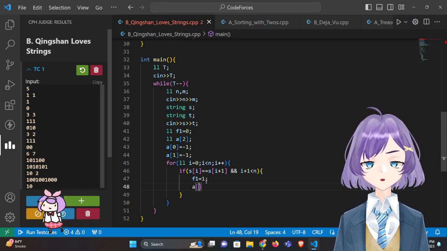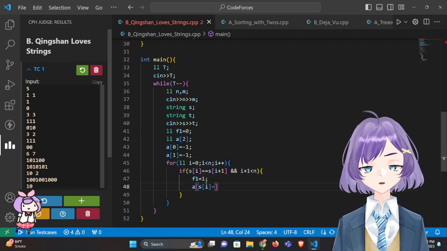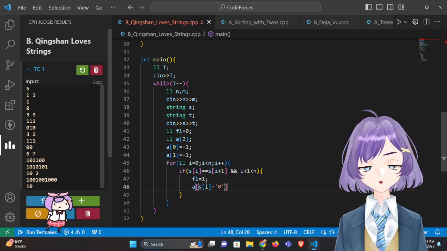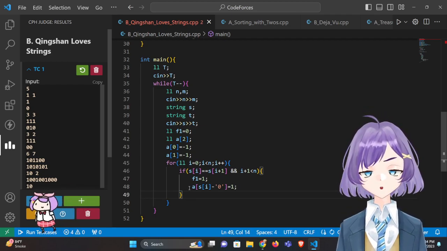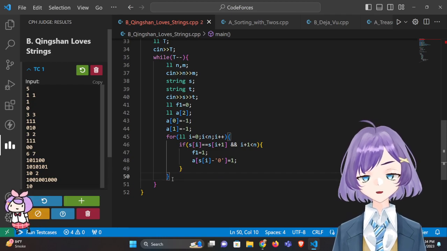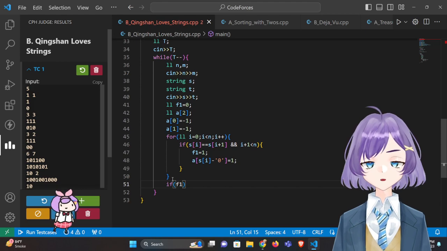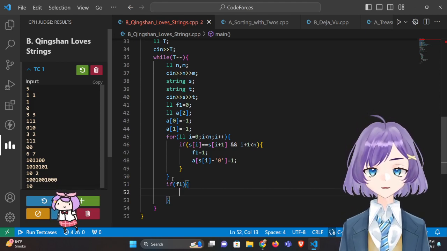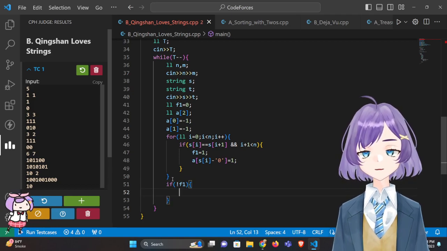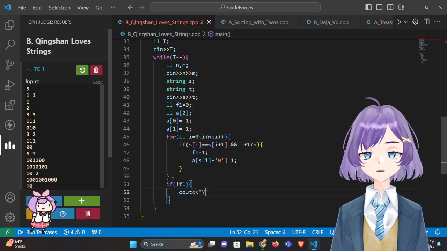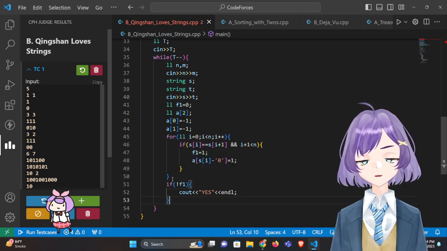P of s of i minus 0 equals to 1. If not f1, cout no and l.